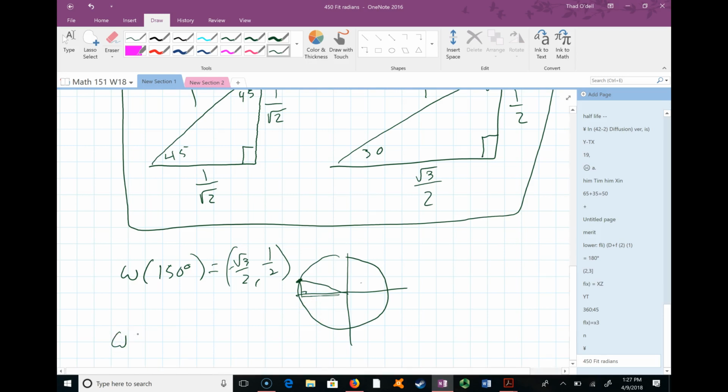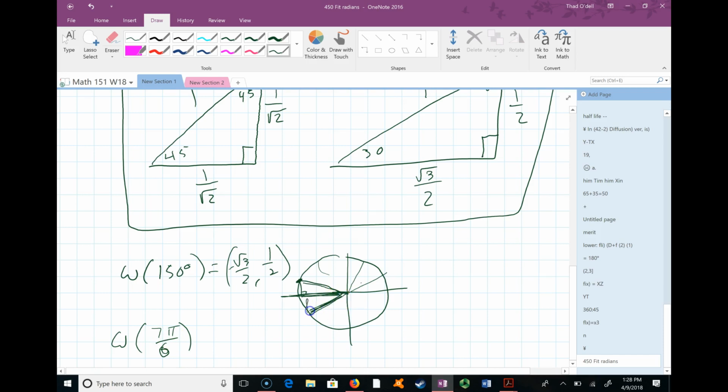Okay, so let's try another one with that same. What if we did wrapping function of, say, 7 pi over 6? Well, this is 5 pi over 6 right here, because you got 1 pi over 6, 2 pi over 6, 3 pi over 6, 4 pi over 6, 5 pi over 6. Or you could think of this as 6 pi over 6. So that means 7 pi over 6 would just be 1 more pi over 6 past it. So it'd be right there.